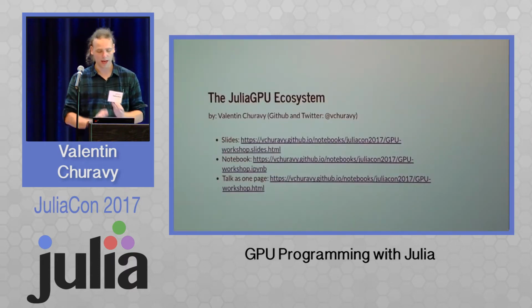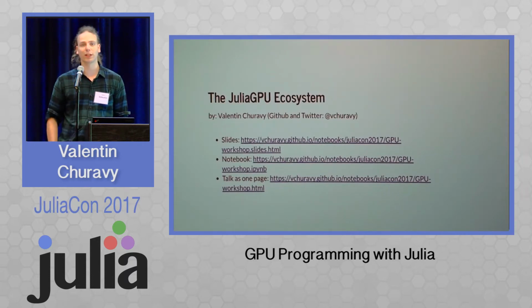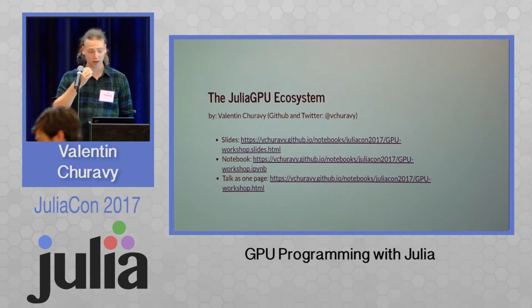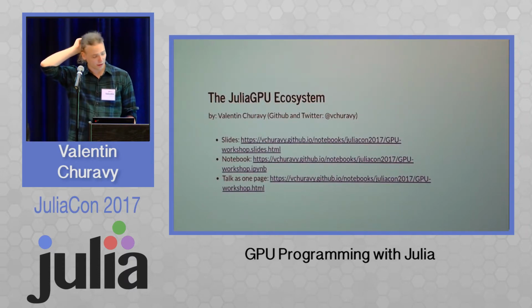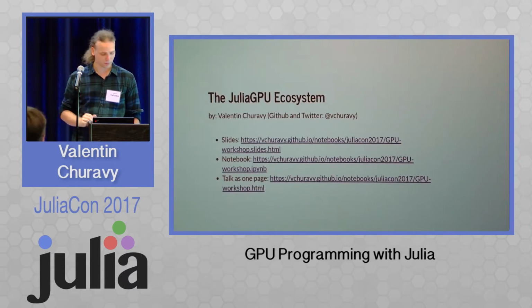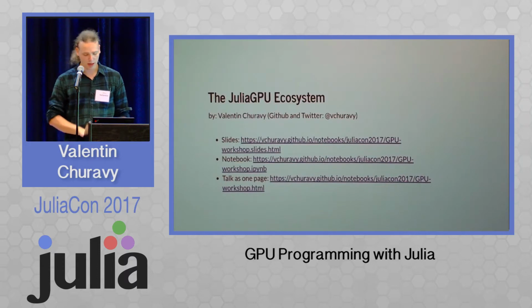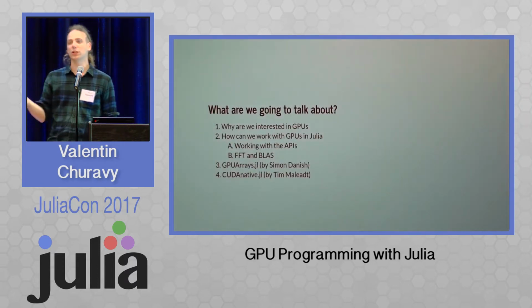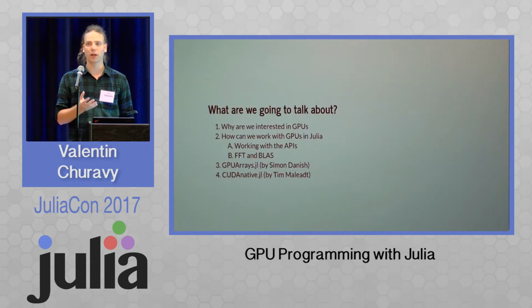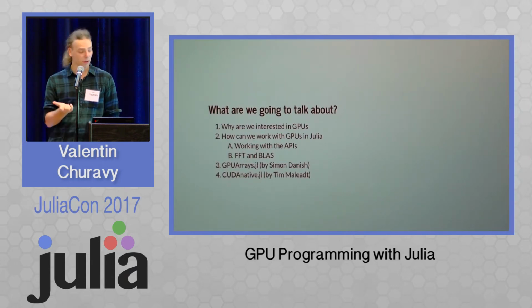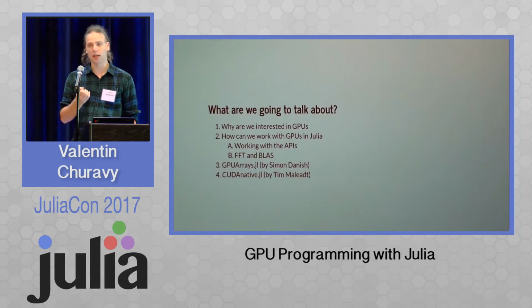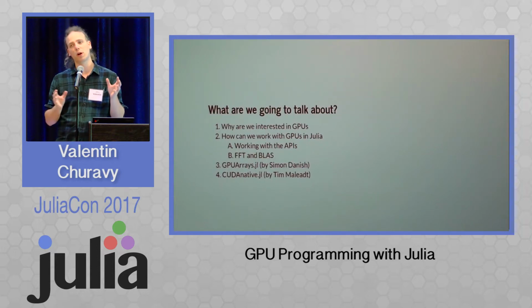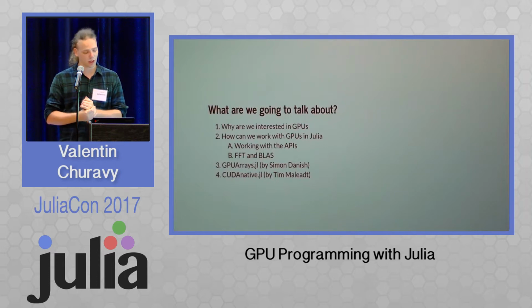Perfect. Okay. The slides and the IPython notebooks these slides are based upon are available at the following links. As I mentioned, we are going to talk about why we are actually interested in GPUs and why we want to bring Julia to GPUs. And then the broad overviews of the different possibilities of working with GPUs in Julia.